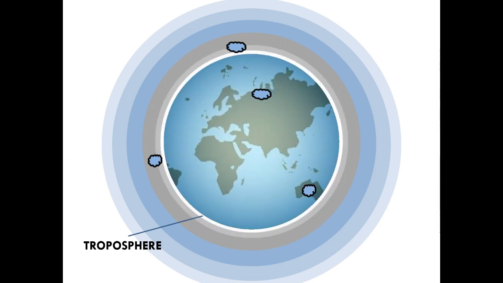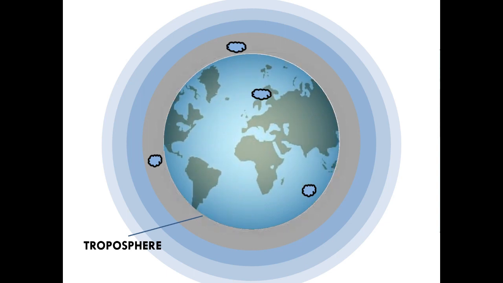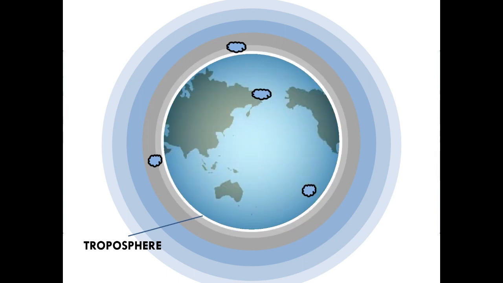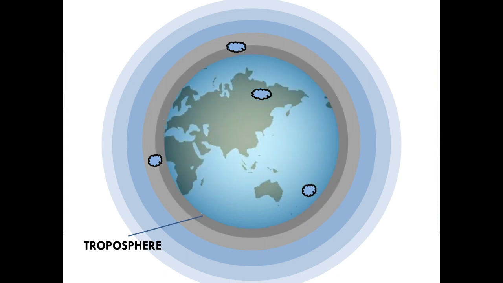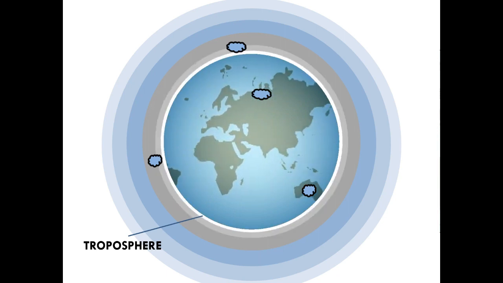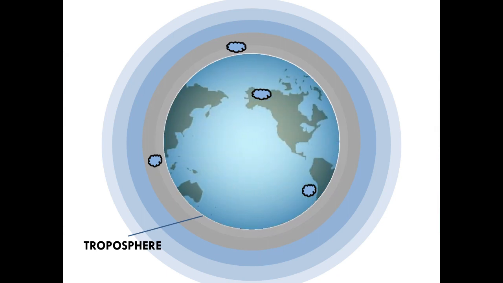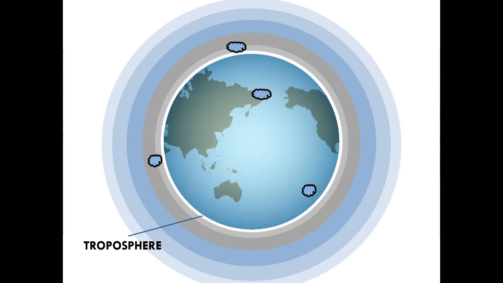So all water vapor in our atmosphere and aerosols, 99% of it is found in the troposphere. Also, this layer is the densest layer, so it is basically where most of the pollution and components of air are.